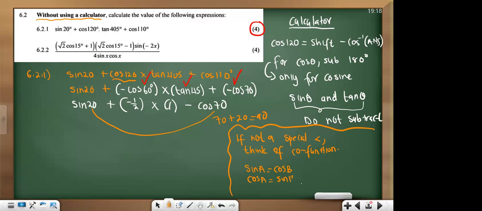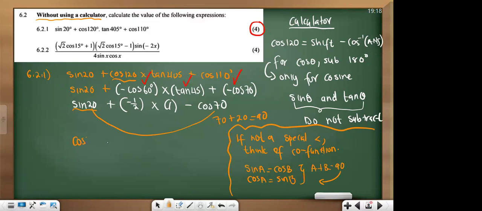As long as their addition, if A plus B equals 90, as long as their addition gives you 90, you're allowed to change. So it means I can change sin 20 to cos 70, or vice versa. So I'm gonna change this to cos 70.